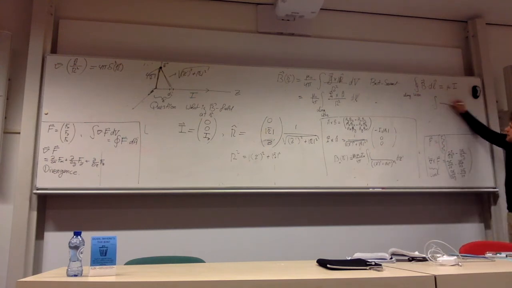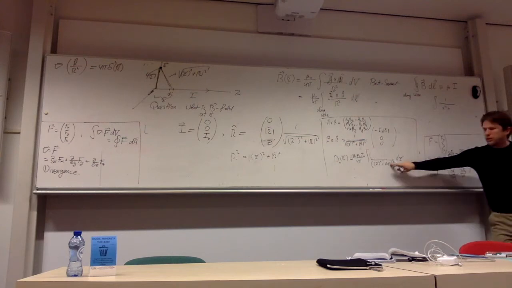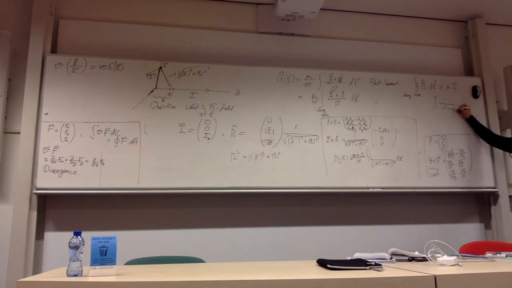So really what we have here is the following: x squared plus some number, called small a squared. This is what we have. I'm just rewriting the integral in a way that might look less scary.